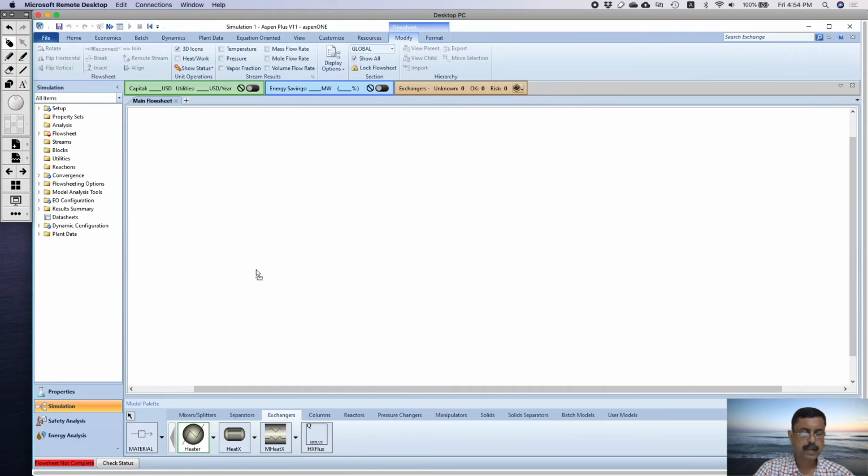We have to give it a name. So let us name it heater. Press it here. And then it should have material input, feed, and this is the product.